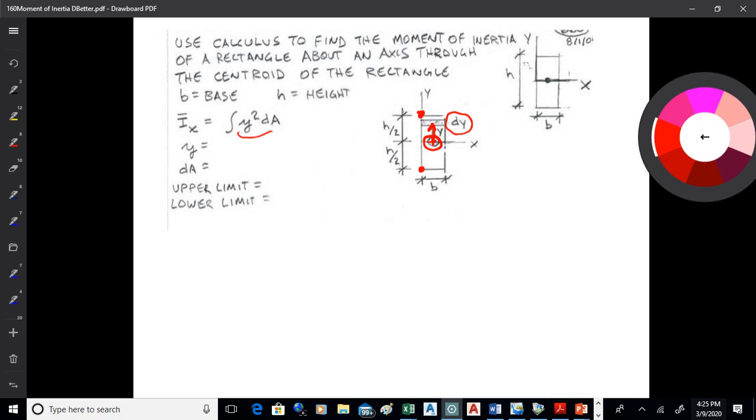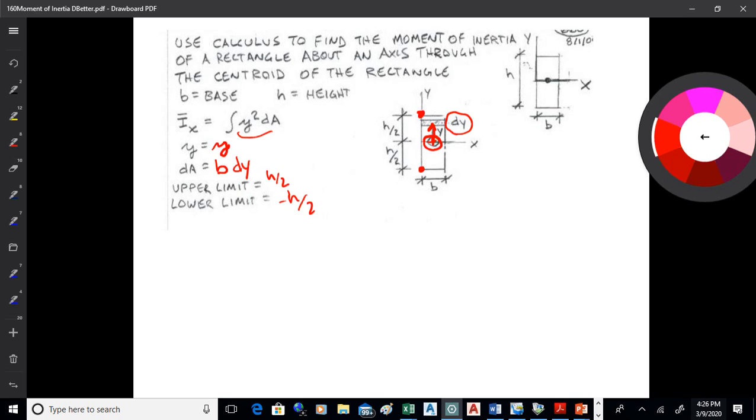We measure up a distance y, square that, and multiply it by the area of that little rectangle up there, which is b times dy. Our upper limit will be h over 2, and our lower limit will be negative h over 2. There you go. Now we'll run this and see what we get for a moment of inertia.